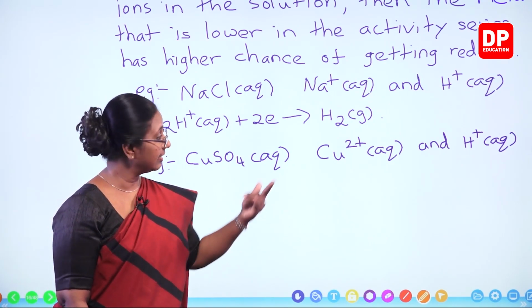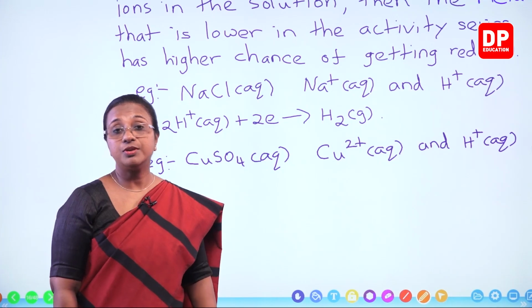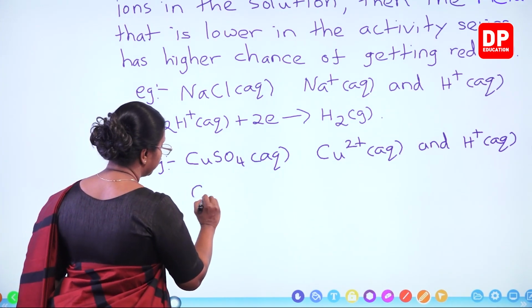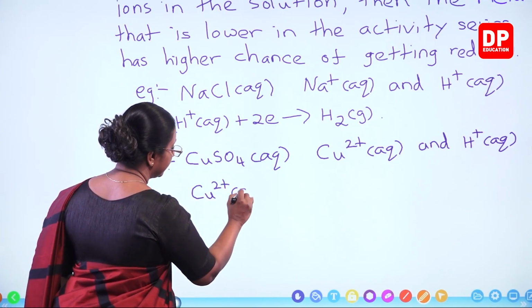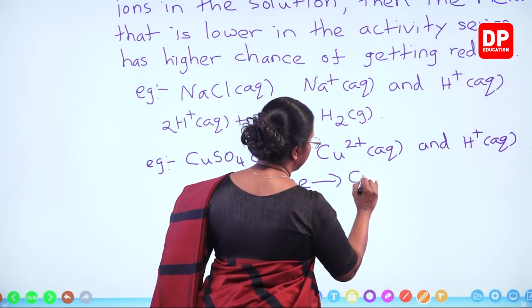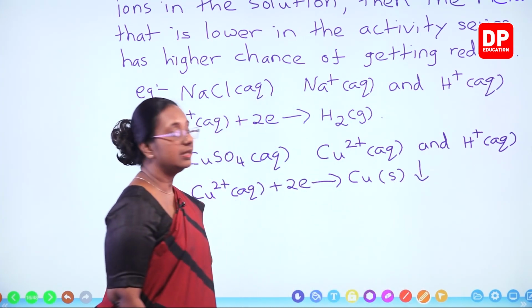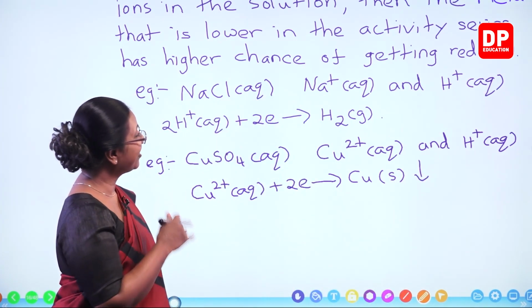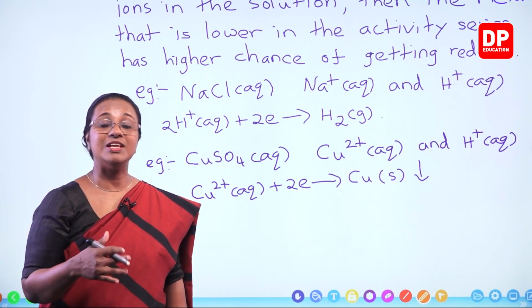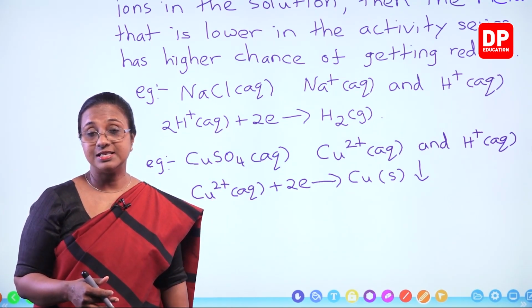It is less reactive compared to H plus. So copper will undergo reduction. So here of course, Cu2 plus aqueous takes up 2 electrons and becomes Cu solid that deposits at the cathode. I'm sure you all can remember all these when we discussed and did the activities related to electrolysis.